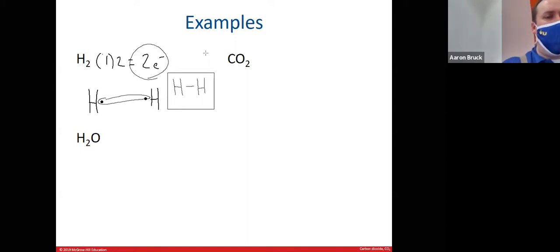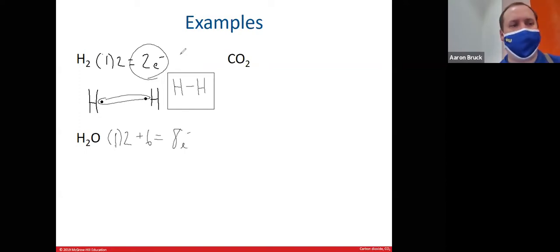All right, let's look at water next. With water, I've got 1 valence electron for the hydrogen, and there are 2 hydrogens. And oxygen is in group 16, so 6 valence electrons there, total of 8 in the structure.